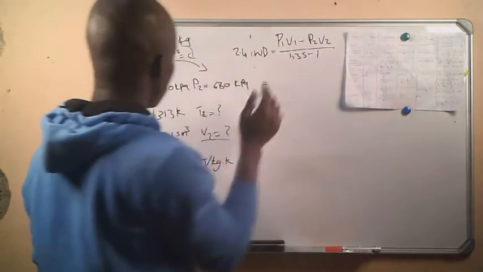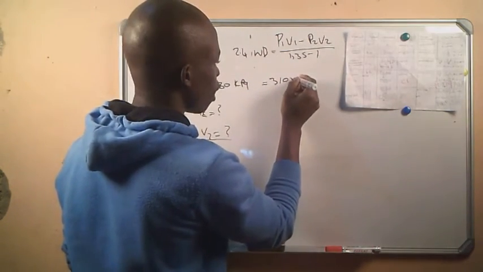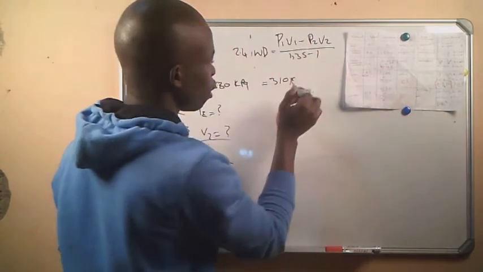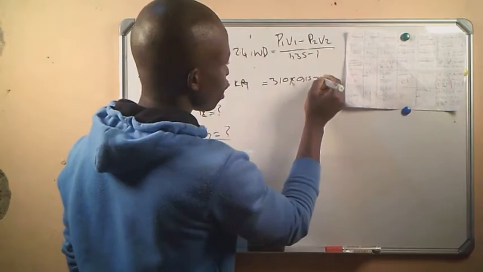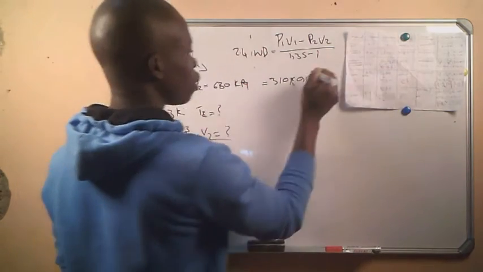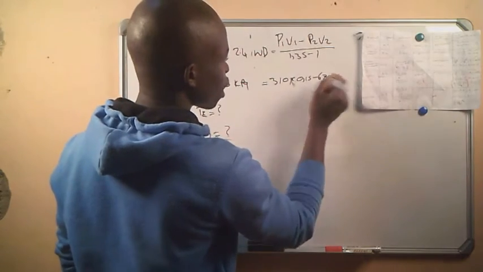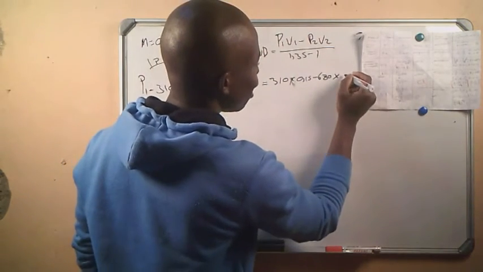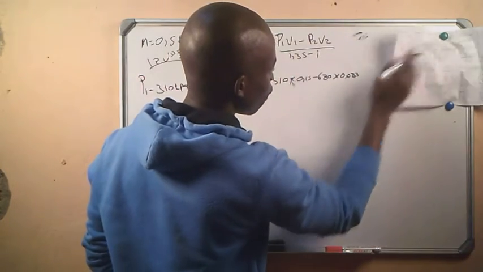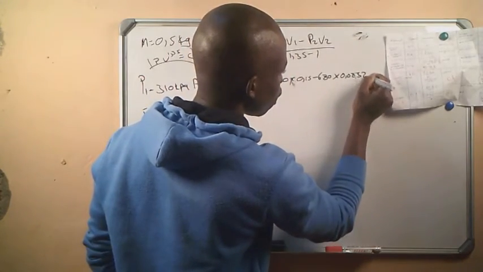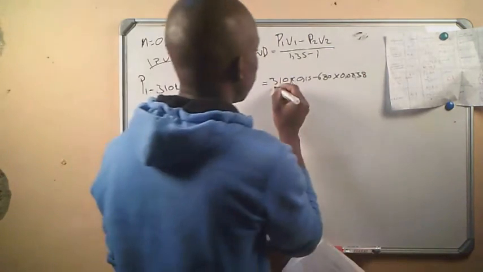And then we substitute our P1. We have 310 times our V1, 1.15, minus our P2, 680. Our V2 we just calculated, the one that was here, as 0.08338. I hope that is the correct value.